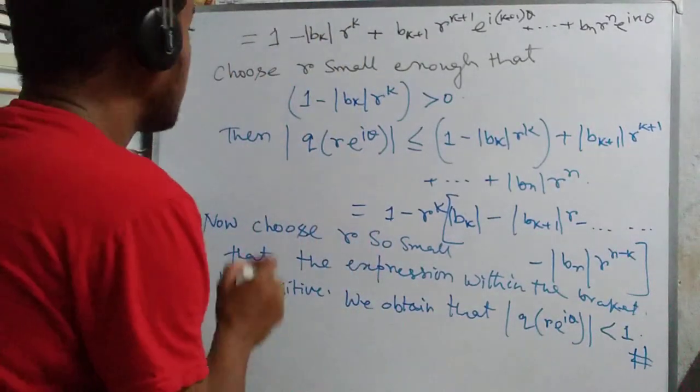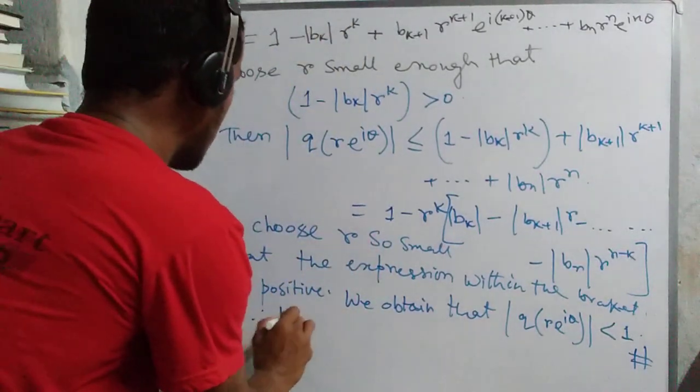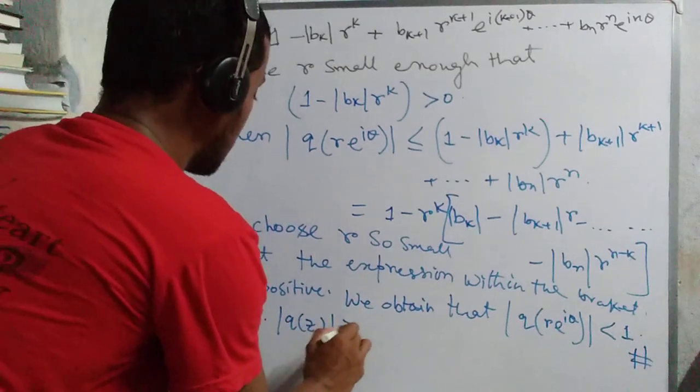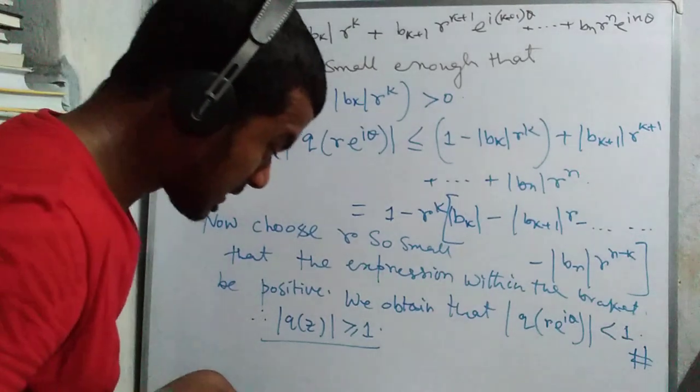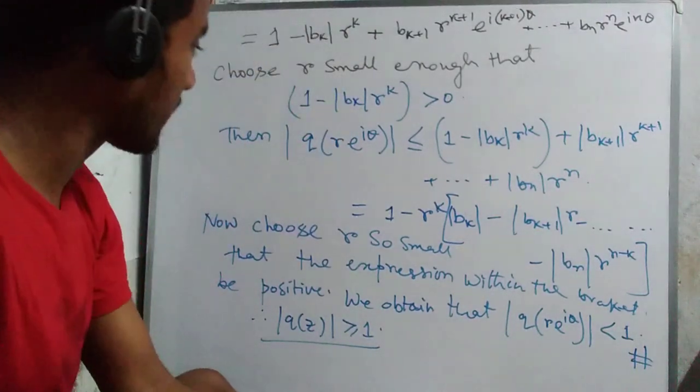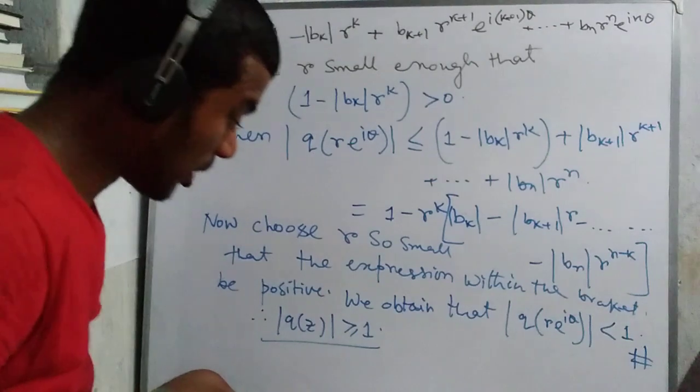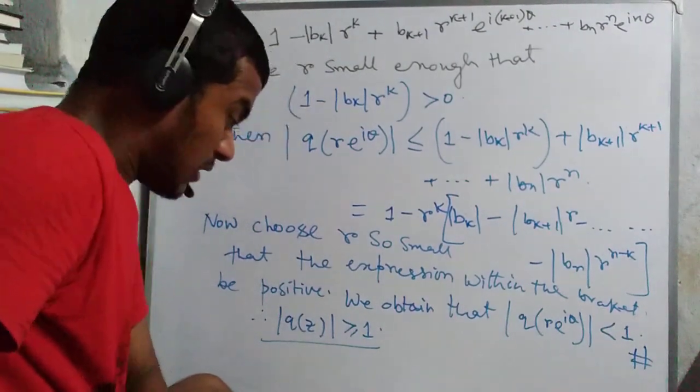Why a contradiction? Because we know that the modulus of q(z) is greater than or equal to 1. So there is a contradiction, and we are done.